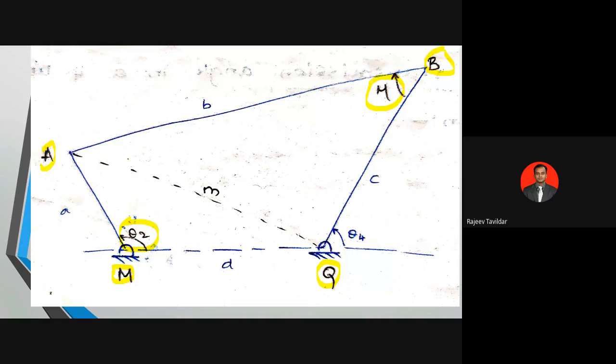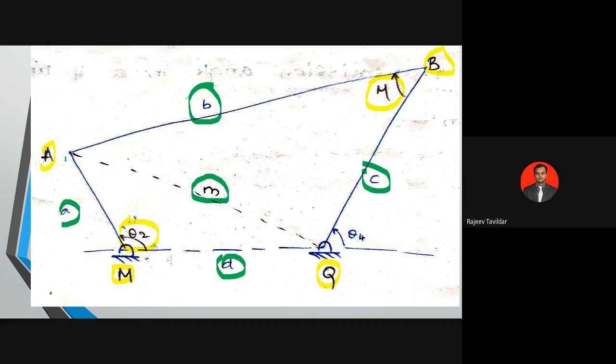Theta 2 is the angle made by the crank with respect to the fixed link. The small letters A, B, C, D, and small m represent the lengths of those particular links.